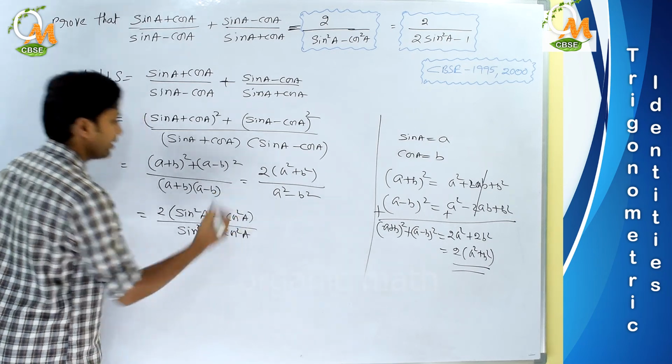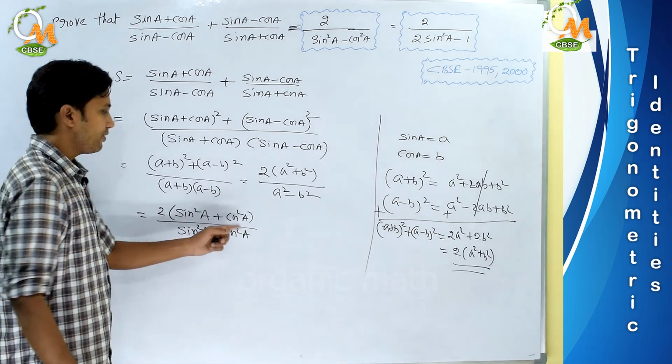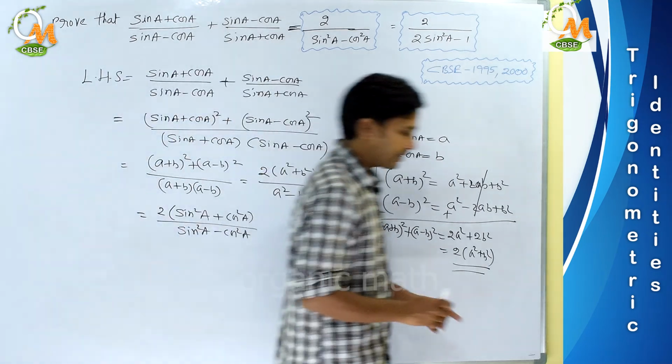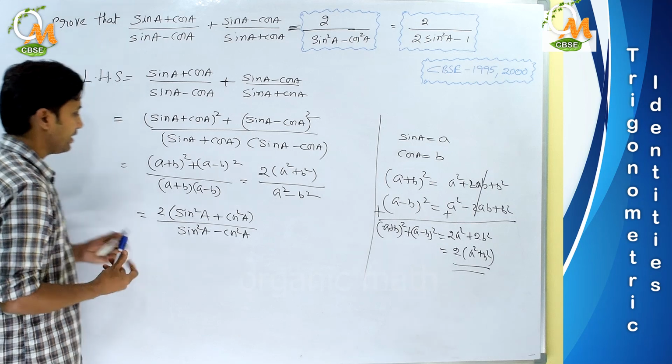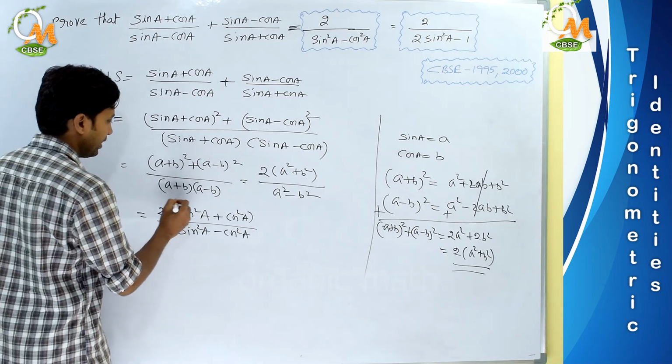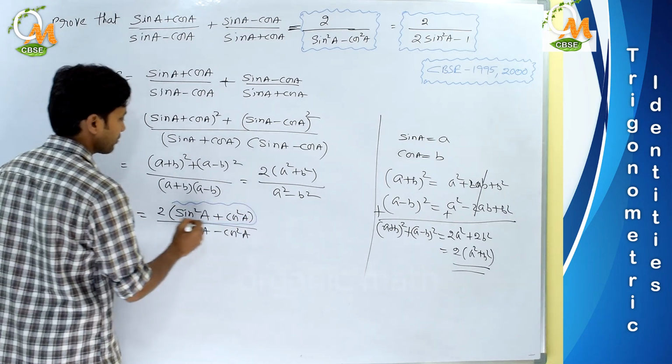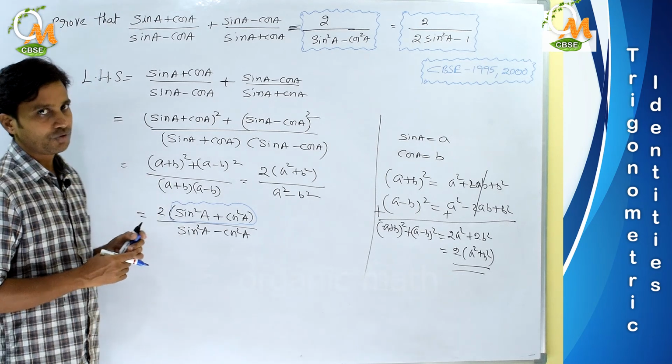Now tell me, what is the value of sin²A plus cos²A? Is it a standard identity or not? Yes, it is a standard identity. So in place of sin²A plus cos²A, we can substitute 1.